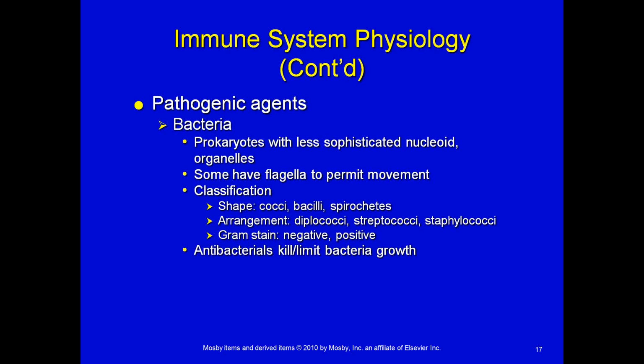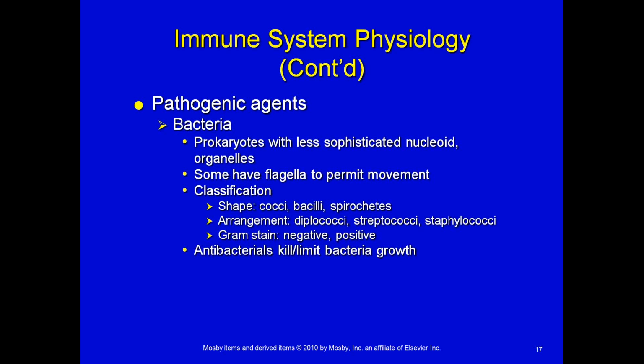They're classified by their shape as either cocci, bacilli, or spirochetes. They're also classified by their arrangement: diplococci, streptococci, staphylococci, different arrangements of the bacteria. And then they're either Gram-stain negative or Gram-stain positive.